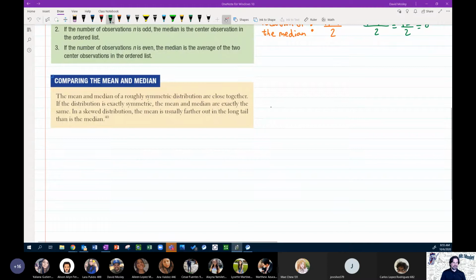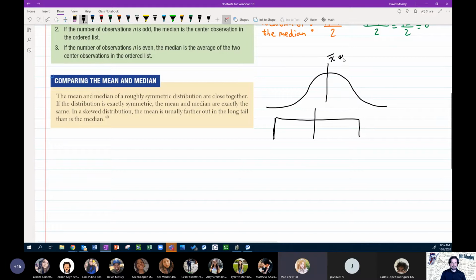So if we're looking at a distribution that is bell-shaped, or even just a straight across distribution, like a big rectangle, the mean and the median are just going to be in the middle. They'll be in the same place. So you'll have x bar and the median reside in the same place.